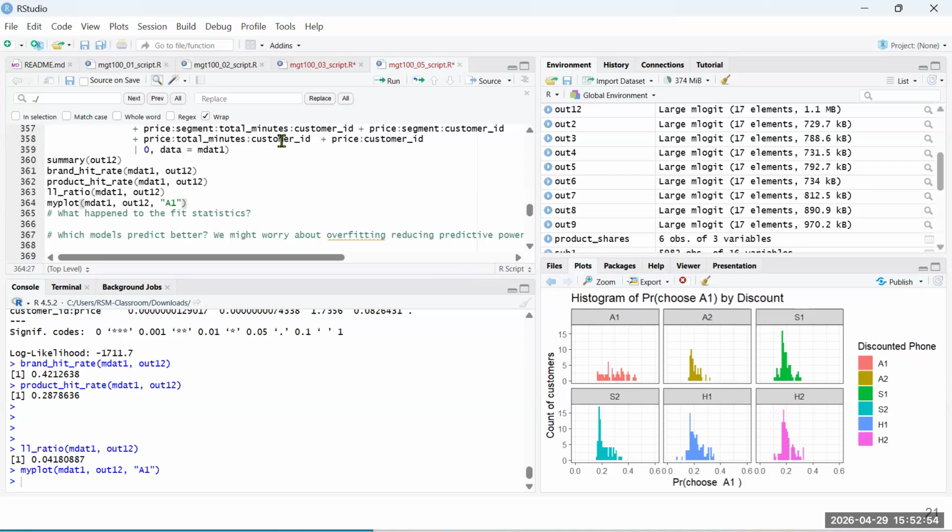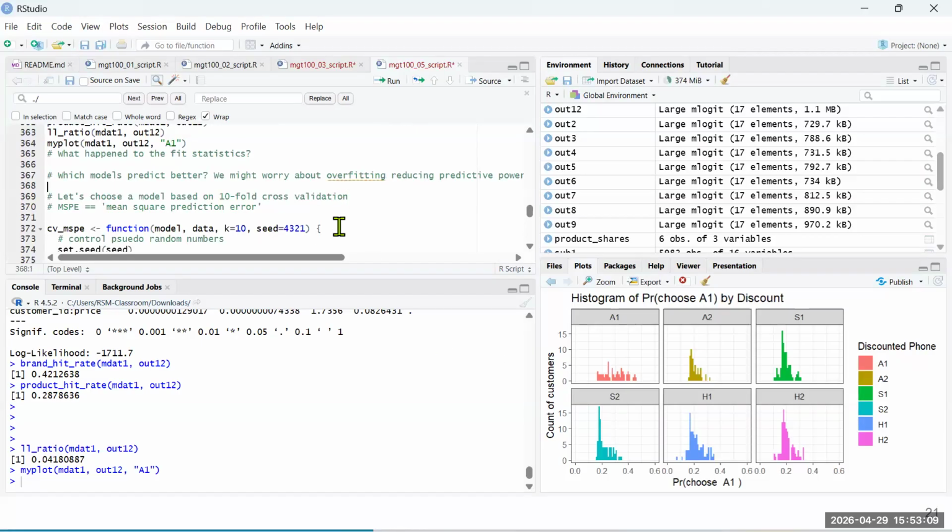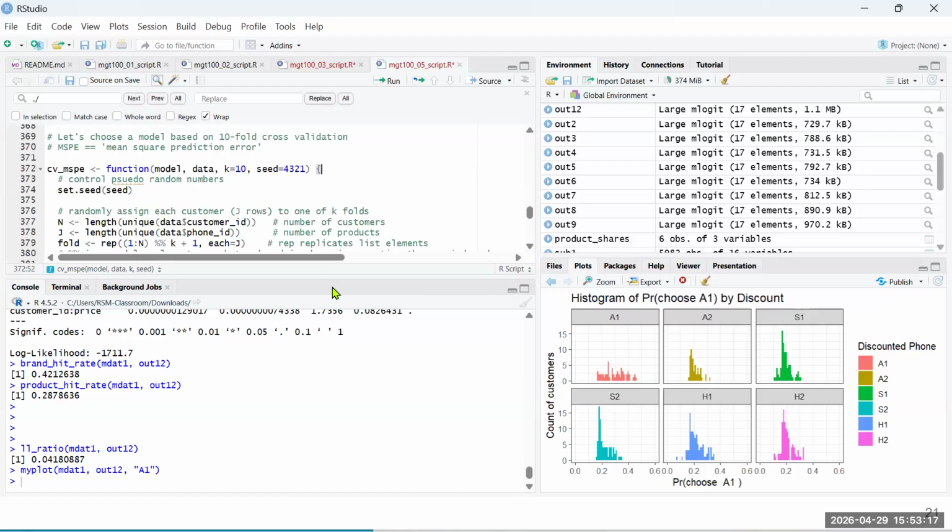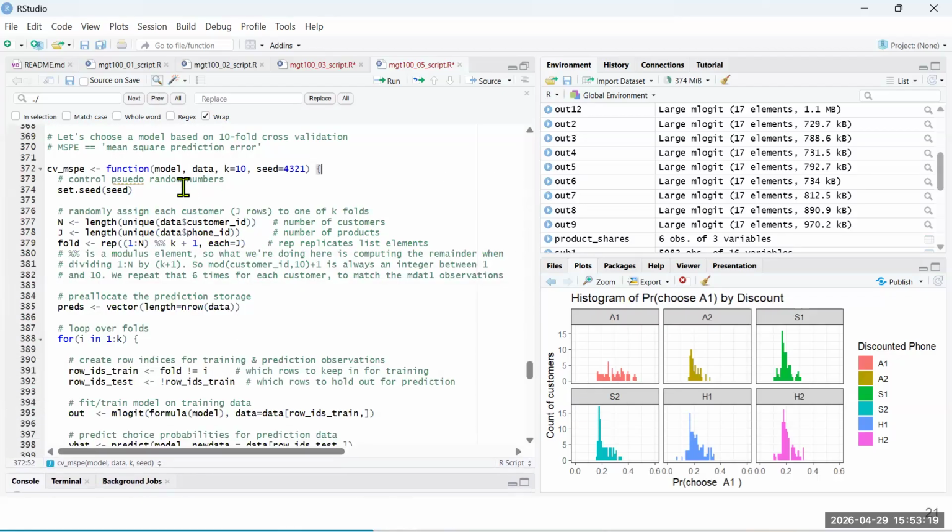So by incorporating something that I know not to be a real indicator of customer needs, I've brought in almost a flat distribution of customer choice probabilities. And when we evaluate cross-validation performance of each of these models, that's where that's really going to show up. So that's what we're going to do next: we're going to define this function to calculate.